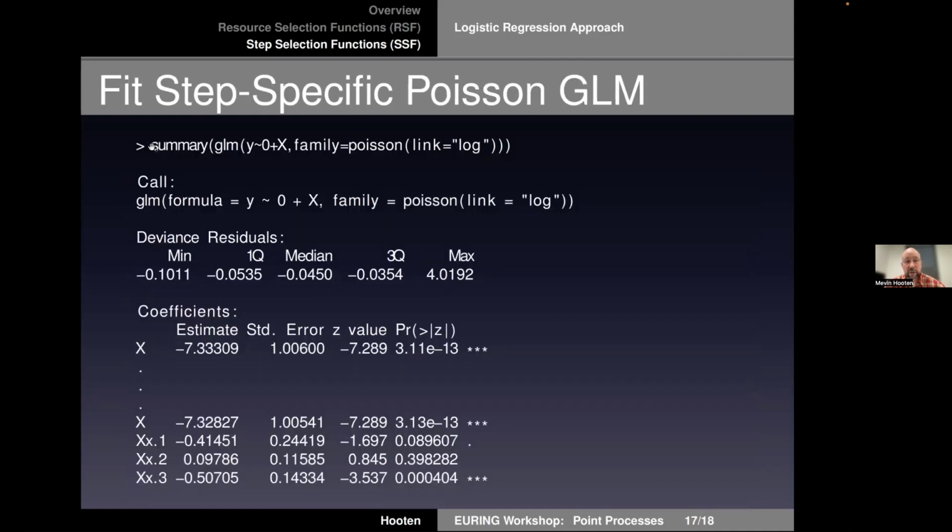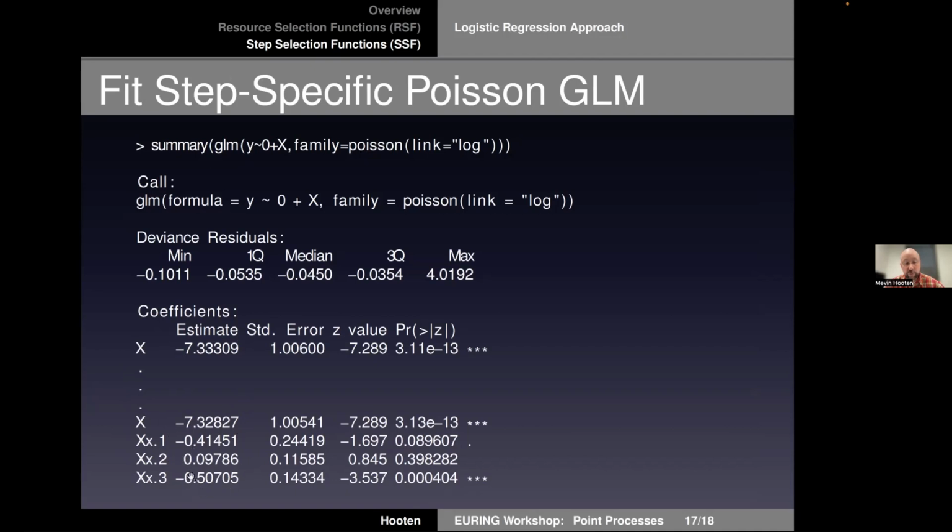So here, if you wanted to do it using the GLM approach I talked about before, where you have step-specific intercepts, then you would use the GLM function with the Poisson over here. You'd have a bunch of intercepts out here in the output. You can ignore those. You go down here to the coefficients and you say, okay, these are the coefficients associated with my covariates, elevation, slope, and aspect.